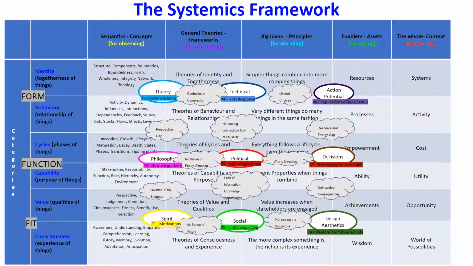But okay, so here we have a philosophy-oriented paper in terms of how do we get here. Here's the paper I'm working on, system science, which is about the theory of systems.